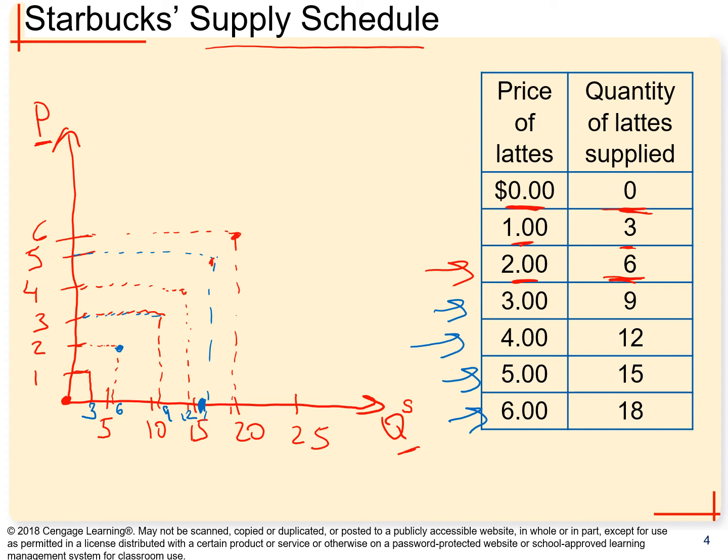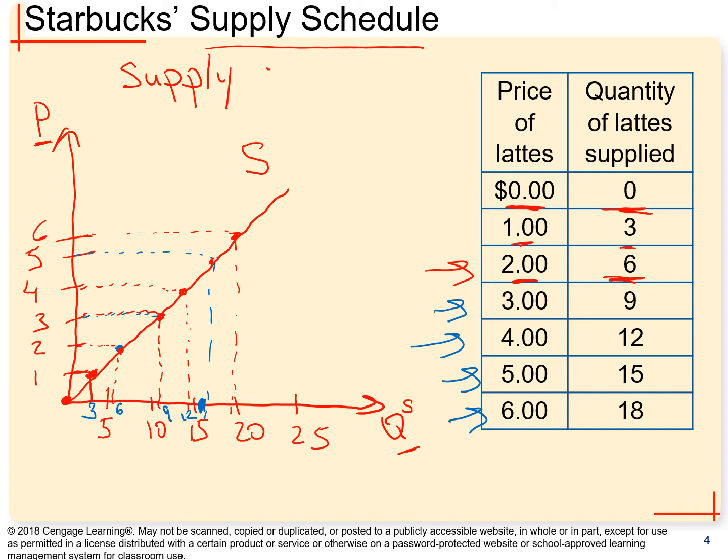So these are all the points that we took from our supply schedule. And it actually turned out pretty good. If we connect these points, the result is going to be our supply curve. So looking at the supply curve, what do we see over here? The supply curve is an upward sloping line.